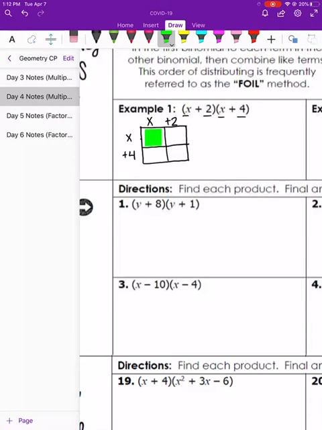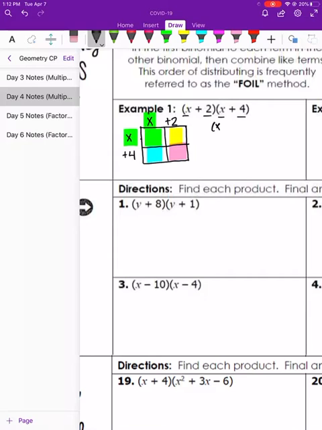So I'm going to have something for my first box, my second box, my third box, and this last box. To find out what goes into this green box, I'm going to multiply the 2 things that go into the box. So this x and this x go into that box.